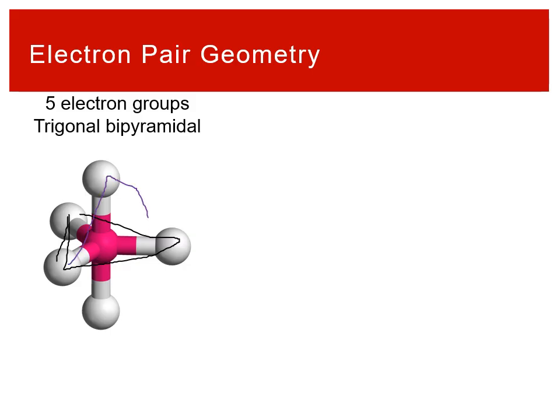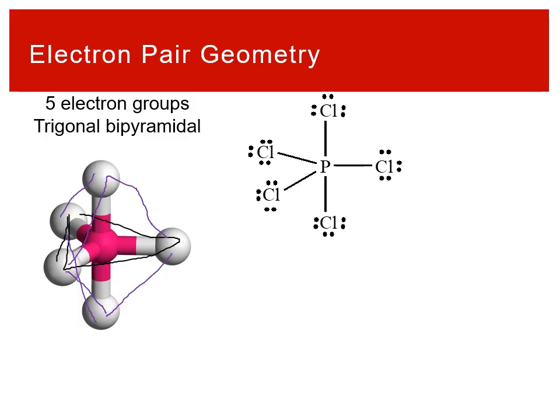Basically, there's a pyramid going up, and then a second pyramid going down. So you can imagine 2 trigonal pyramids jammed together at their base. PCl5 is a trigonal bipyramidal molecule. It has a nice arrangement. If you have 5 things and they need to spread out, this is what they look like.